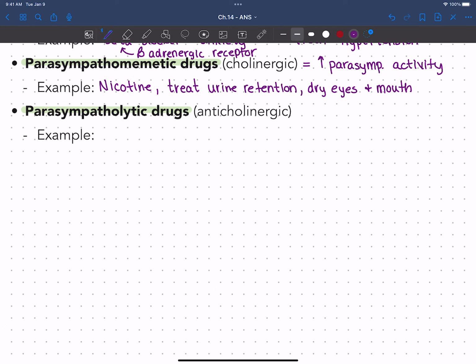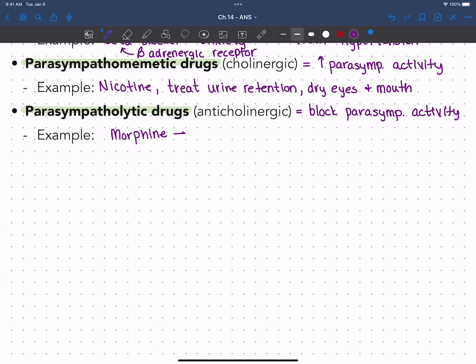And then lastly, we have drugs that are parasympatholytic or anticholinergic. So these are going to block the parasympathetic effects, block parasympathetic activity. An example of this is interesting to note because it is more of a side effect than a clinical implication: morphine, used for severe pain.